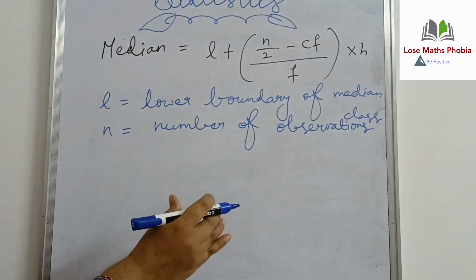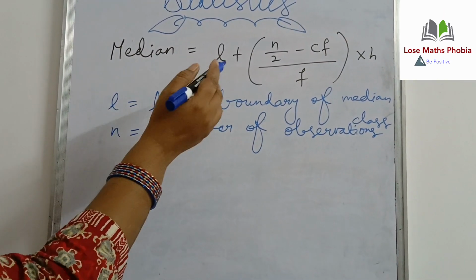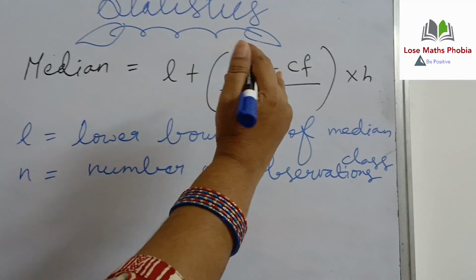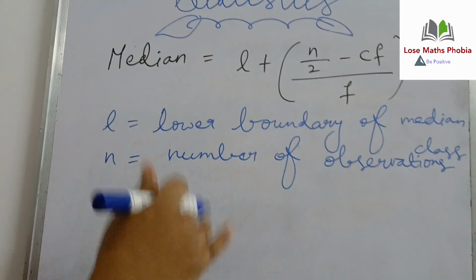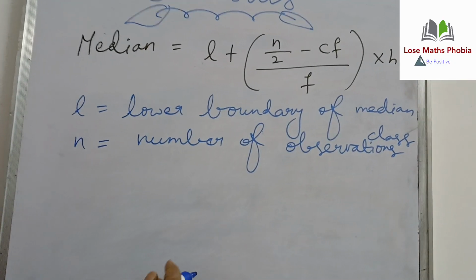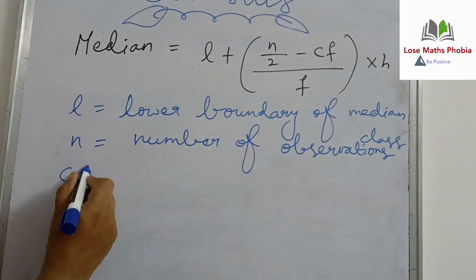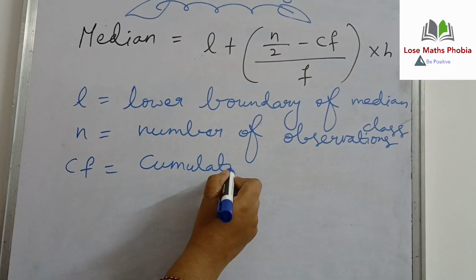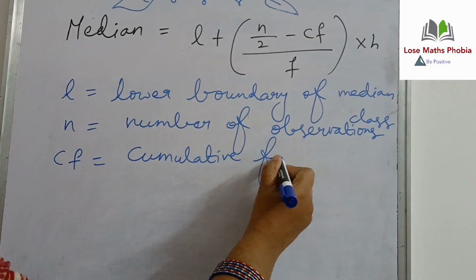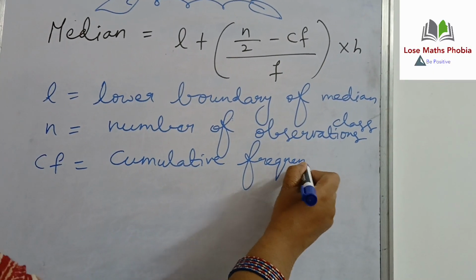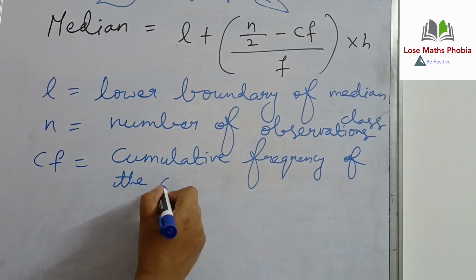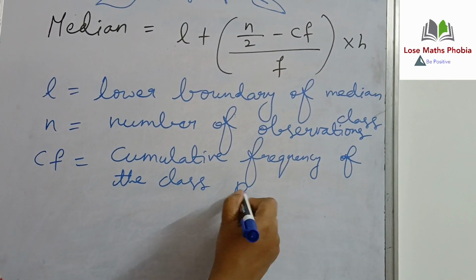How many observations have been taken, those we will be getting as this n here. When we are doing the problem, I will discuss with you. Where do we get CF? It is the cumulative frequency of the class preceding the median class.